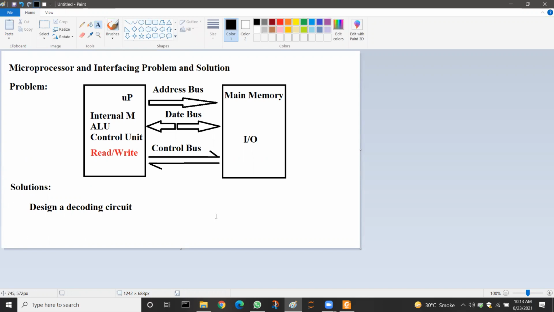There are techniques which are helpful to design that decoding circuit.